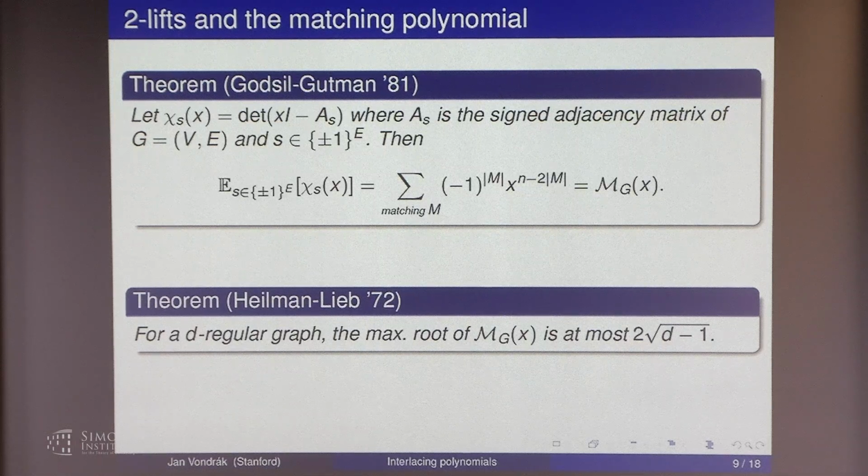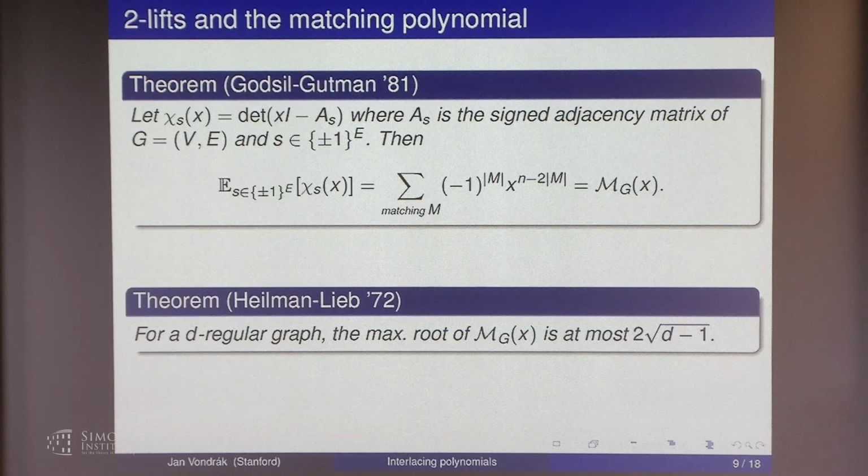So here are 2 classical results, which seem very helpful and suggestive of what should happen. The first result is that when you look at the signed adjacency matrix, you look at the characteristic polynomial. That's the polynomial whose roots are exactly what we care about, the eigenvalues. But now let's take the expectation over all the possible signings.